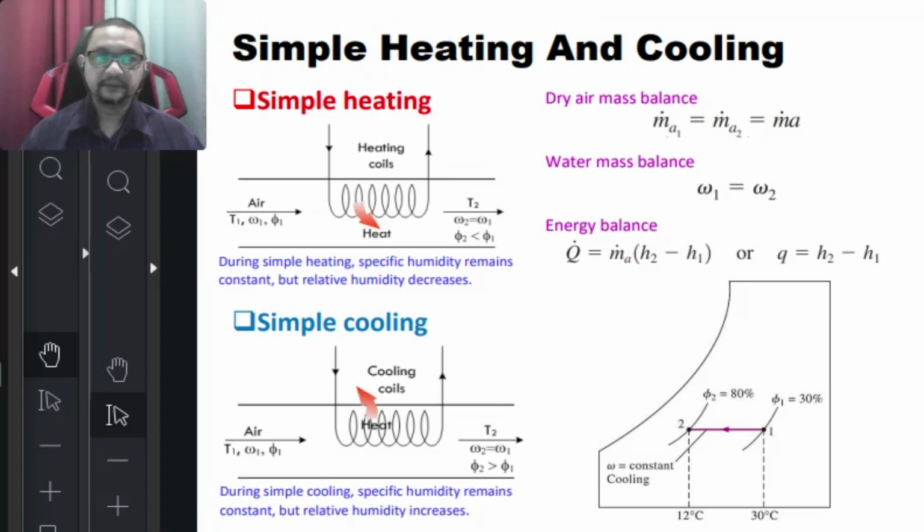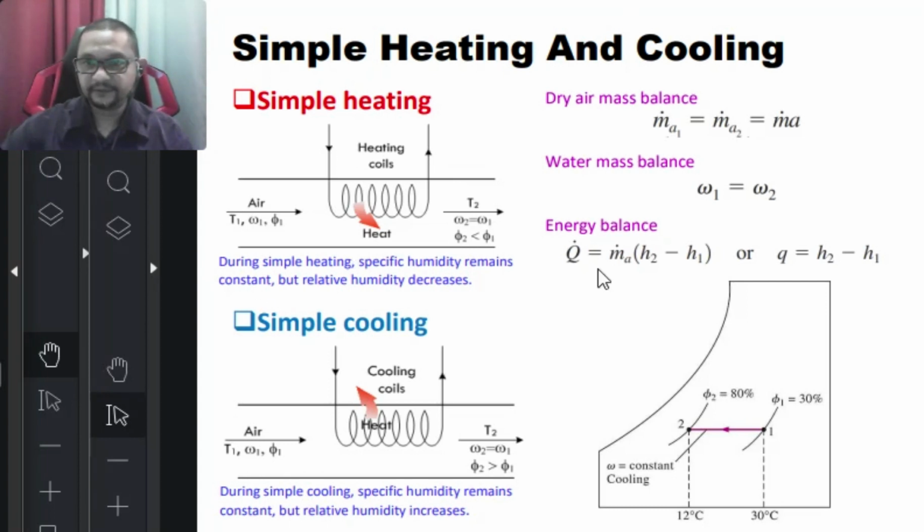Such a heating process proceeds in the direction of increasing dry bulb temperature, following a line at constant specific humidity on the psychrometric chart, which appears as a horizontal line.